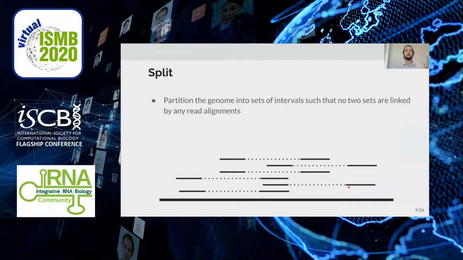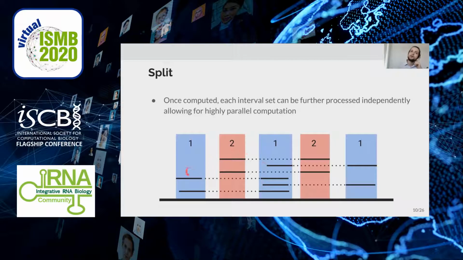So first, let's talk about split. The goal here is to partition the genome into sets of intervals such that no two sets are linked by any read alignments. For example, over here, we see that this interval is linked to this interval by two reads, which is in turn linked to this last interval by two other reads.